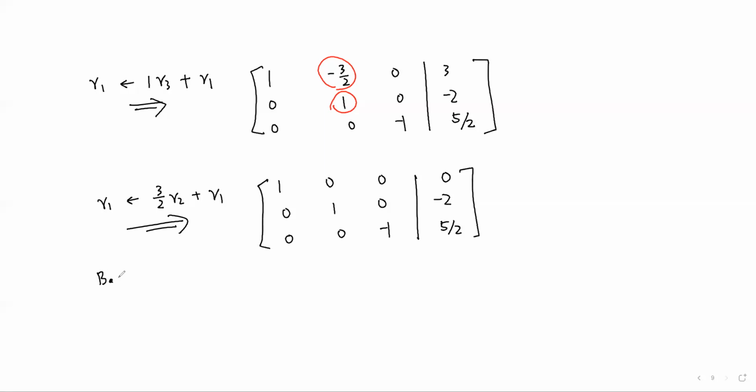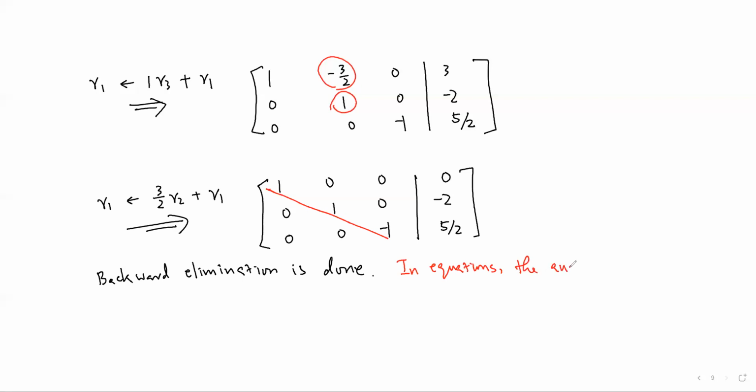Now, backward elimination is done, because this matrix is in diagonal form. In equations, the final augmented matrix, I mean this augmented matrix is the linear system.